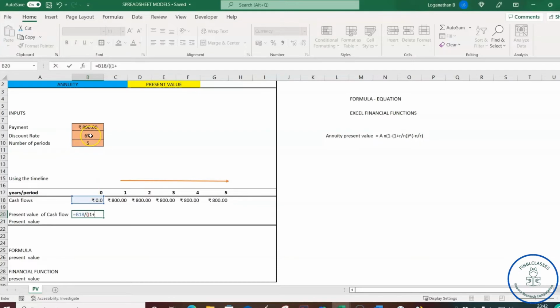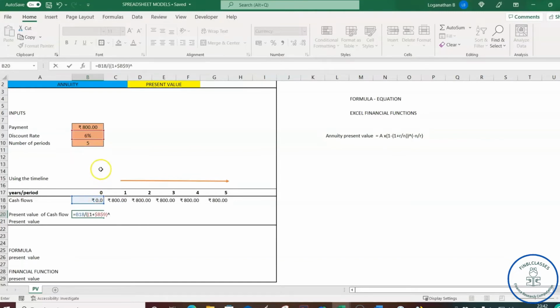The rate is given in B9, select the rate and press F4, and close the bracket. Then once again divide it, Shift 6, then select the number of periods. The number of periods here is, the 0th period.